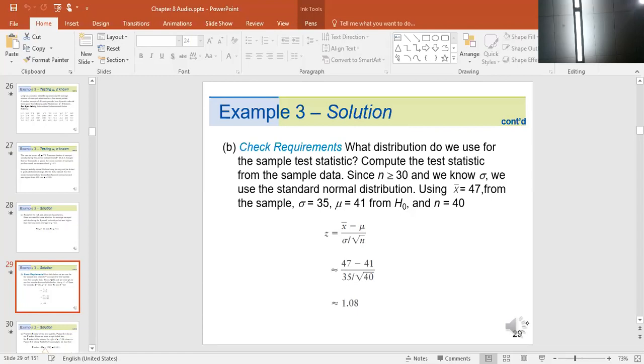So Z alpha is here, and this is alpha. What is this area? So Z alpha is 1.645. Is this Z in the rejection area? 1.08, is it after 1.645?